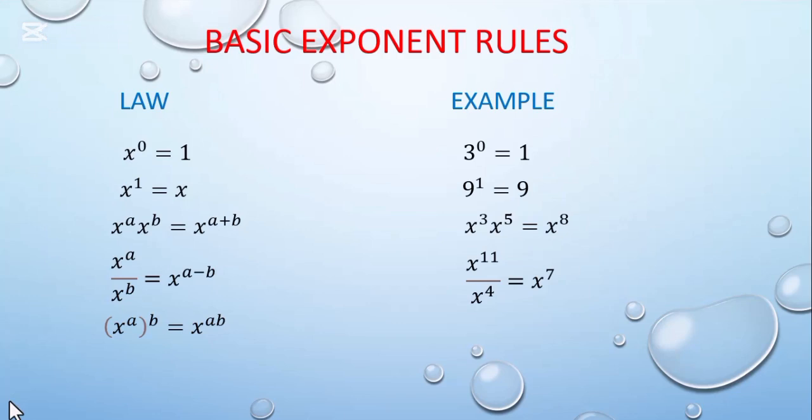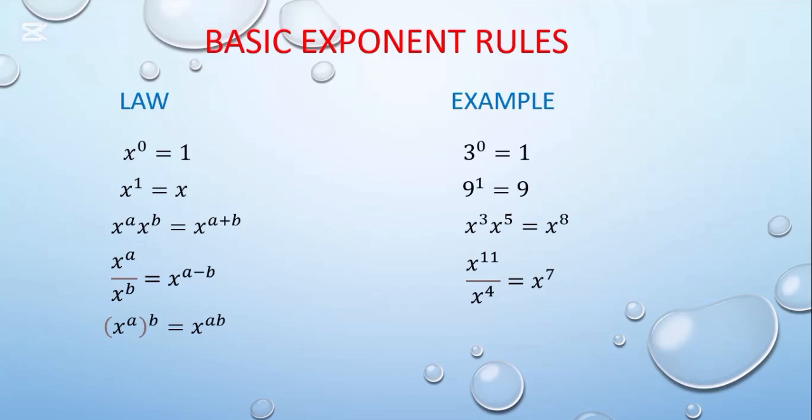You are having two powers. Since you are multiplying them, this is as simple as x to the power of a multiplied by b, because both a and b are powers, and it's multiplication that is binding them.